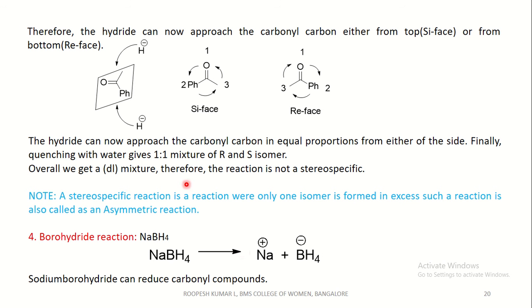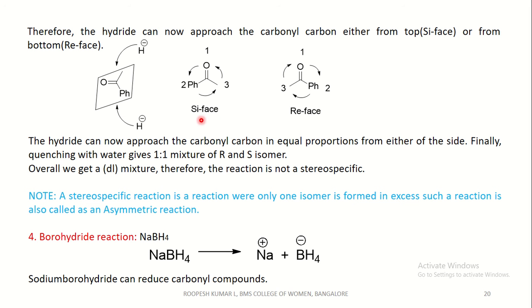Since this is a planar molecule, the hydride can approach the carbonyl carbon from two sides, from the top side or from the bottom side. If the hydride ion attacks the carbonyl from the top side, it is called the Si face. If it attacks the carbonyl carbon from the bottom, it is called the Re face.